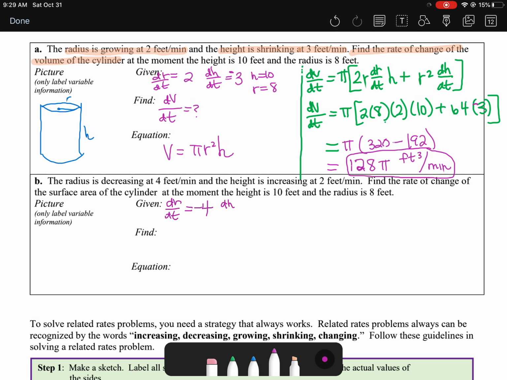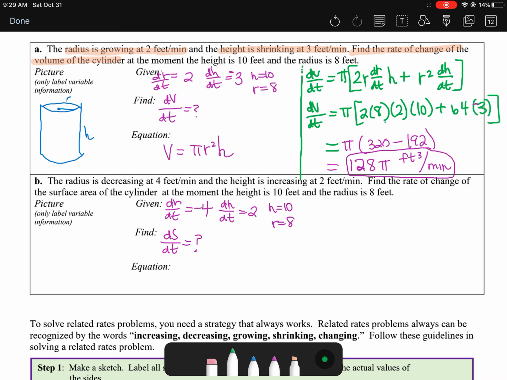Caught it the first time this time. dh/dt is equal to 2. Find the rate of change of the surface area, so we'll say dS/dt, at the moment the height is 10 and the radius is 8.